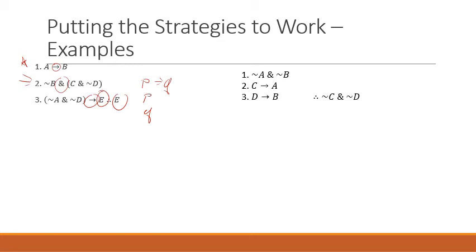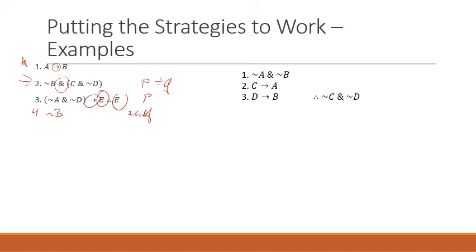So the first thing that you should always do, if you ever have a conjunction, is just to break it apart using your simplification rule. So number 2 is a conjunction, so I can get not B by simplification.